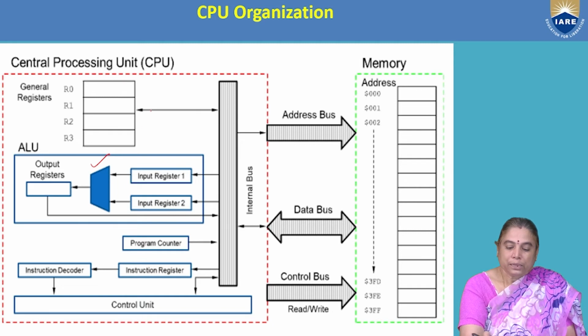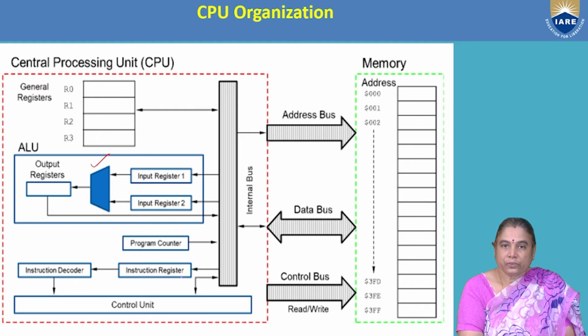Not only the memory and ALU, another subunit of the central processing unit is the control unit. The control unit is connected with the instruction register and the program counter. These are the two special registers that are used for program execution.